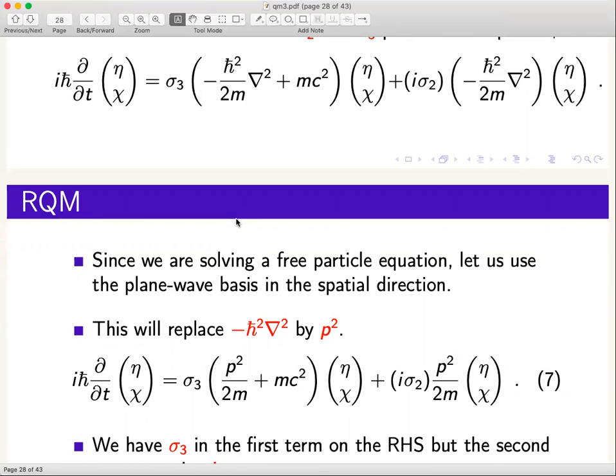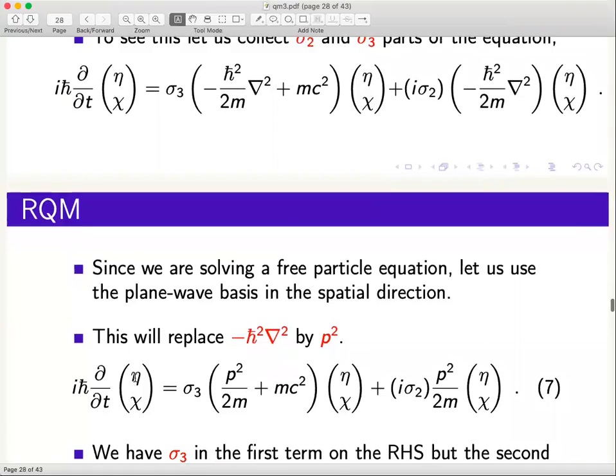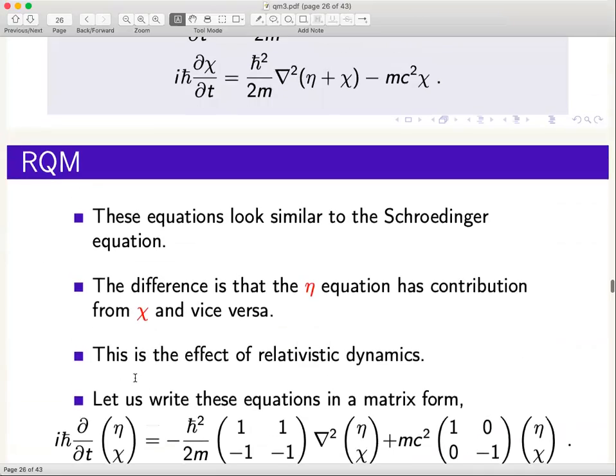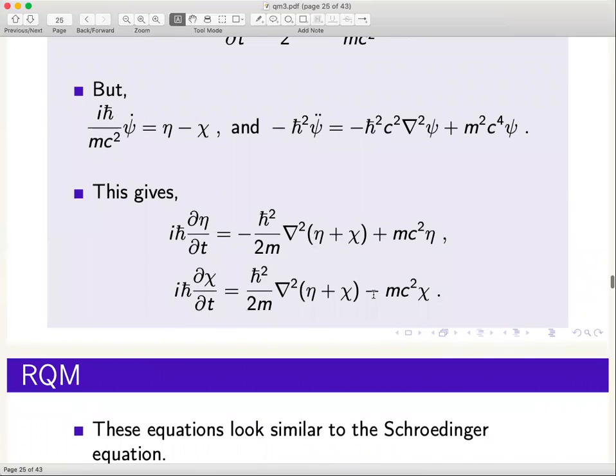Let me put it differently. Suppose I take a derivative of eta, let me go back. Let's look at this equation. Suppose I take the time derivative of eta, that would involve a time derivative of chi, right? Now suppose I replace this by a covariant derivative with respect to time.